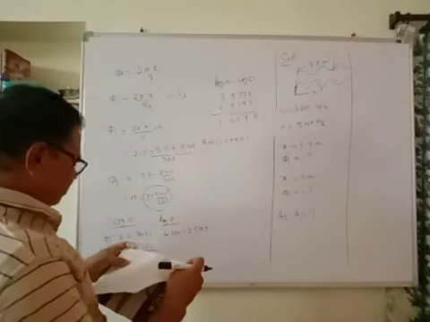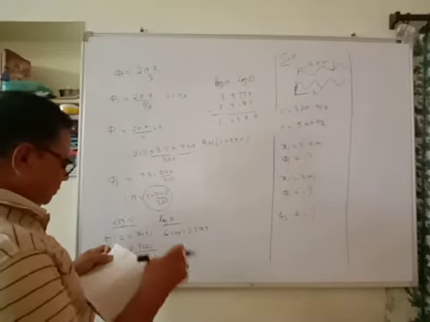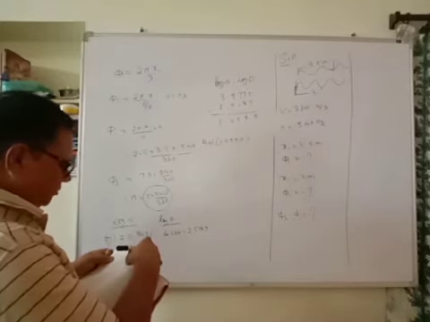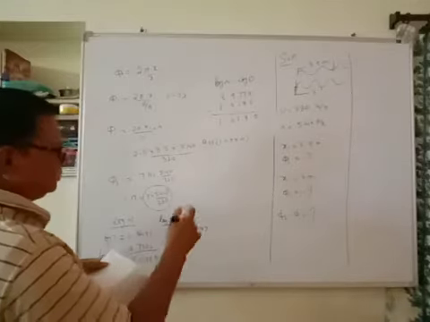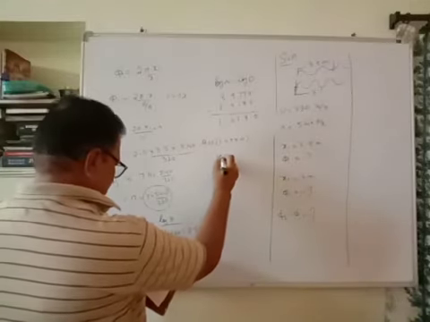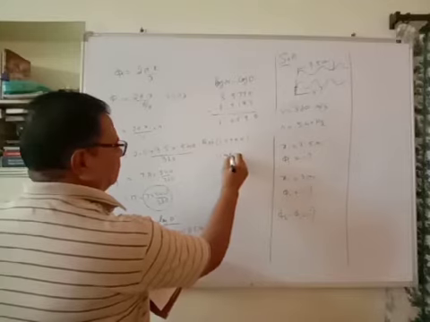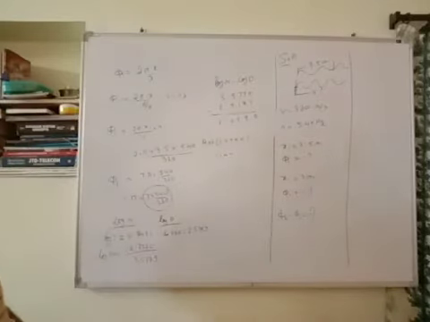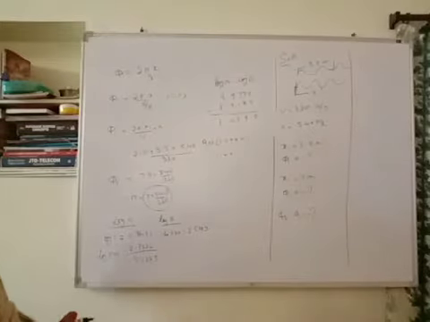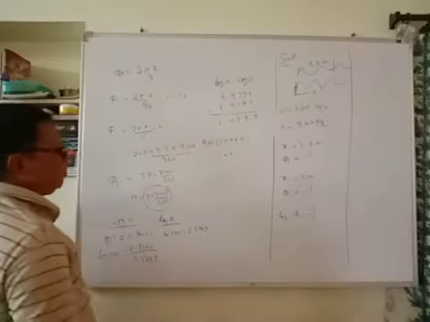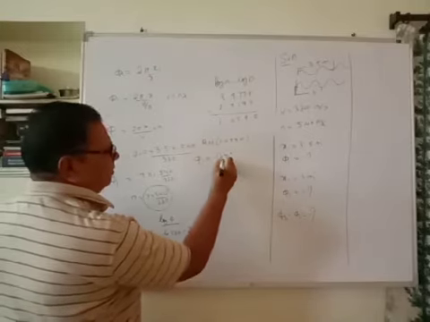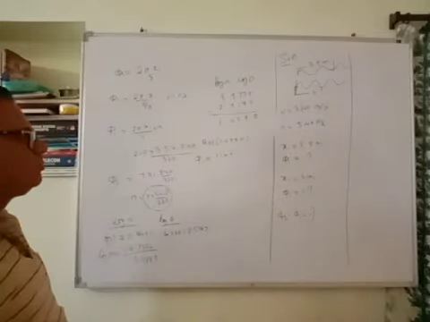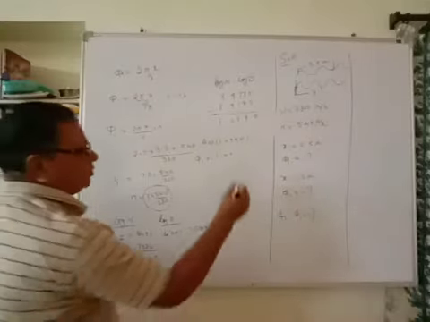We get 1146. So phi1 is equal to 11.46 pi.